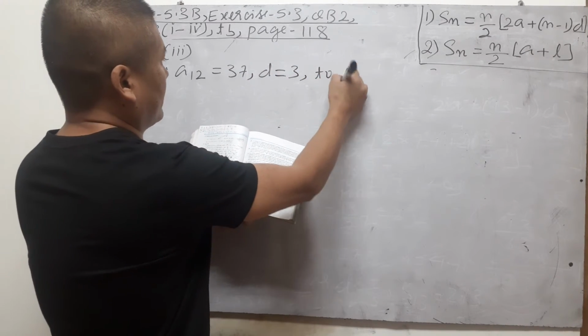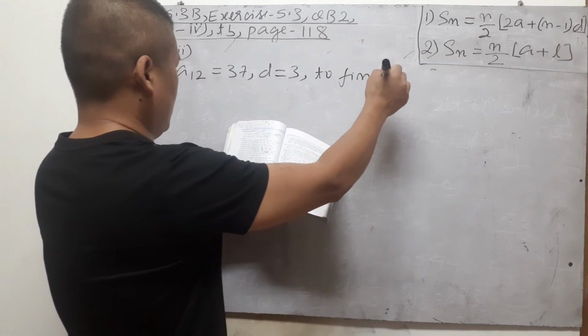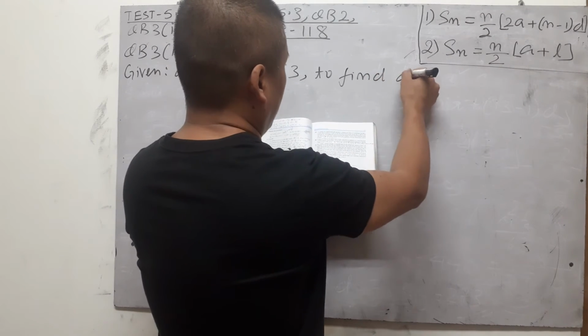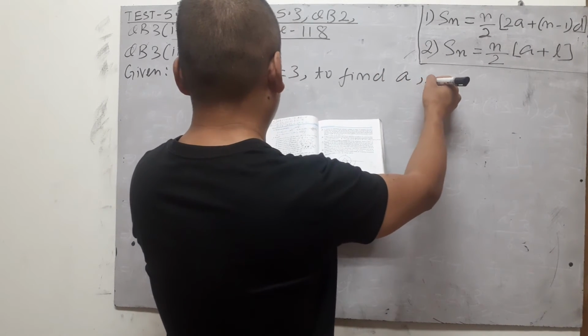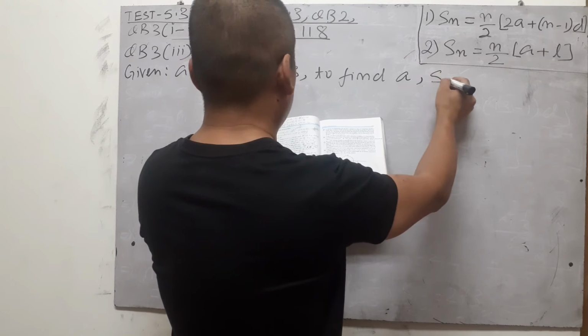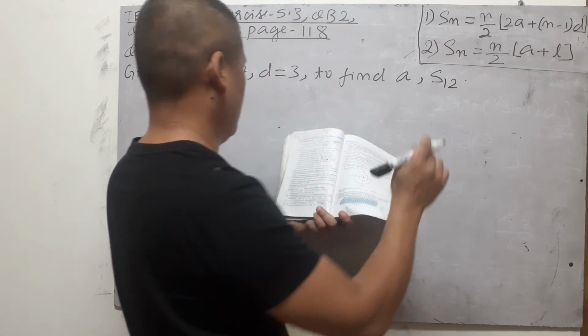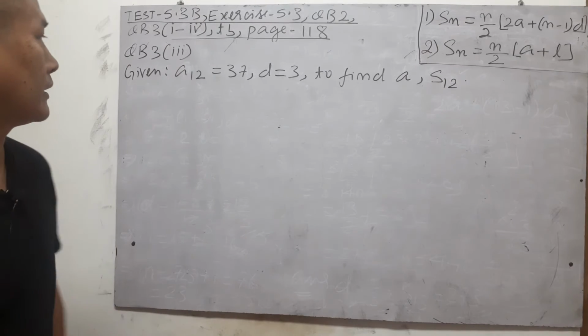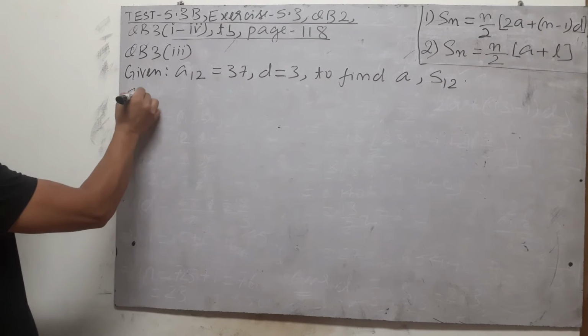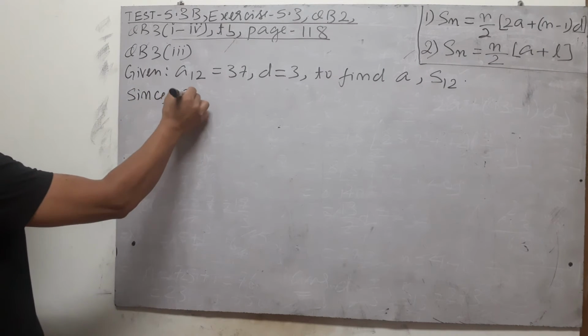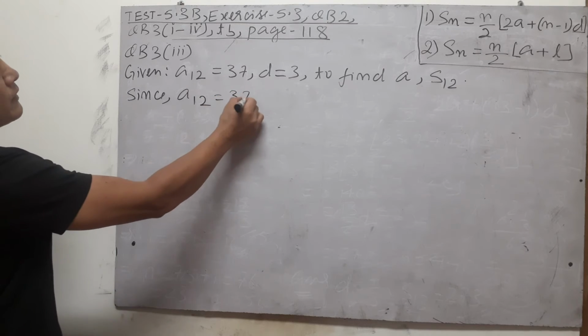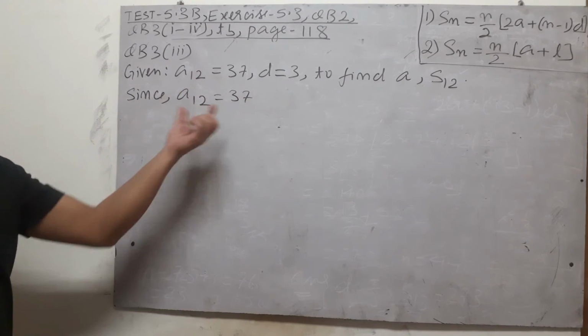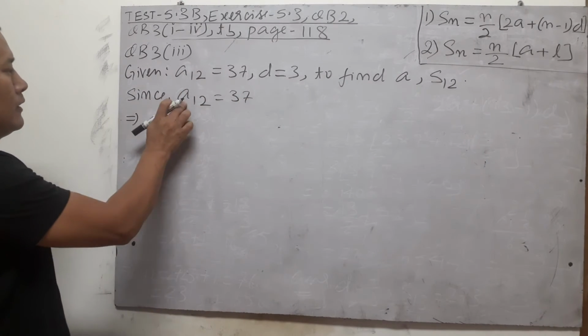You have to find A, the first term, and then you have to find the sum of 12 terms this time. So let's go about doing that. Since we have the information for the 12th term value, A12 equal to 37, we can take advantage of the formula.